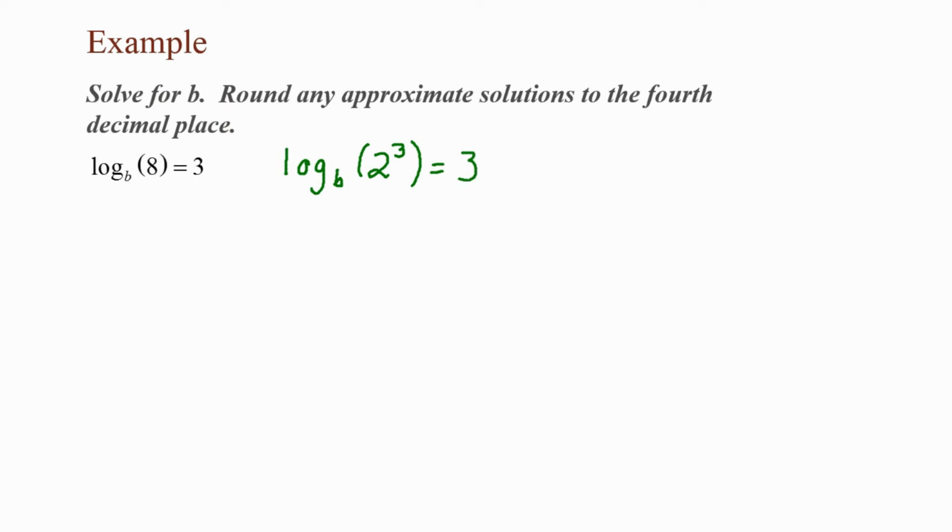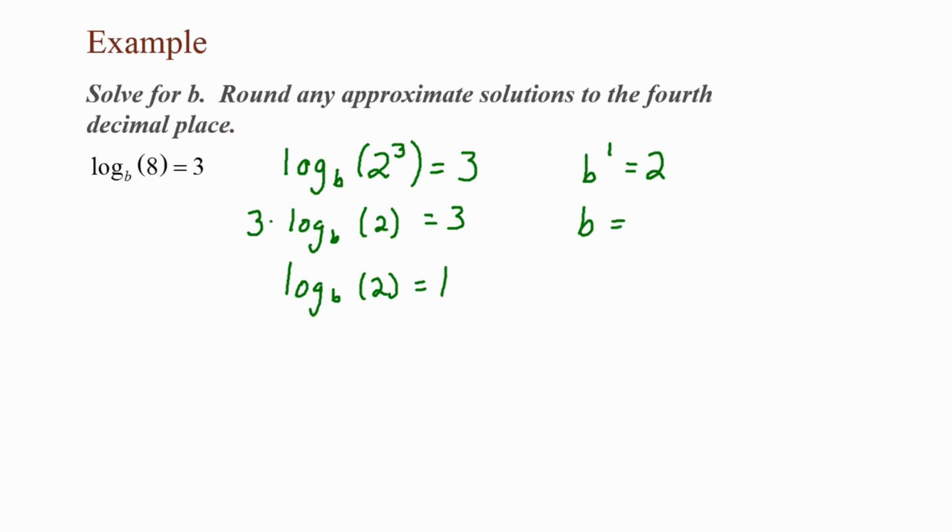I can use my power property to rewrite this as 3 times log base b of 2 equal to 3. Divide both sides by 3. I have log base b of 2 equals 1. I can rewrite this in exponential form. My base to the first power equals 2, which means b equals 2.